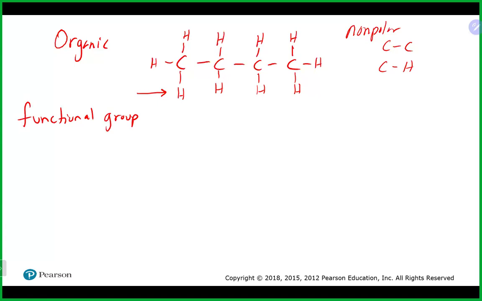We started with the simplest and most basic organic compounds you could have, and those are alkanes. In alkanes, the functional group is the carbon-carbon single bond. They are all single bonded together. They have a general form of CnH2n+2.